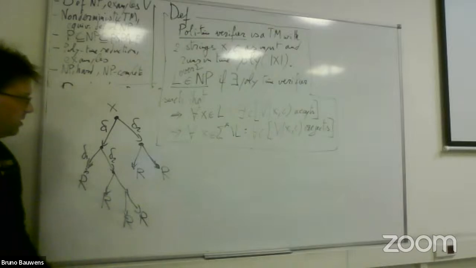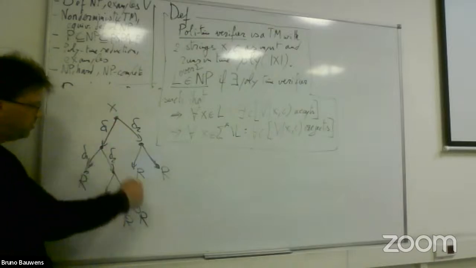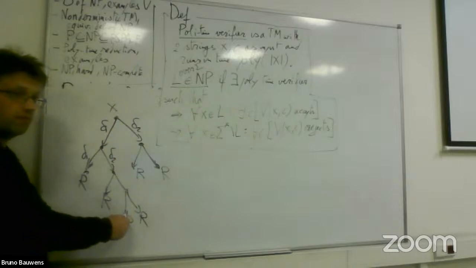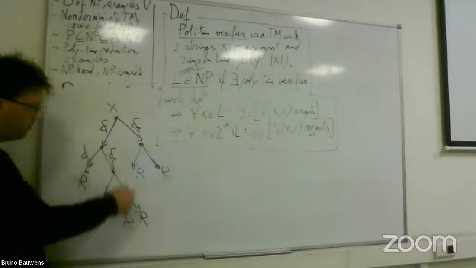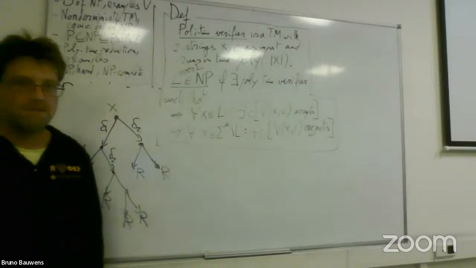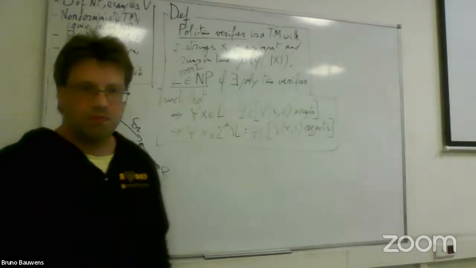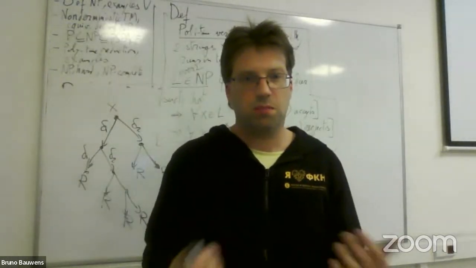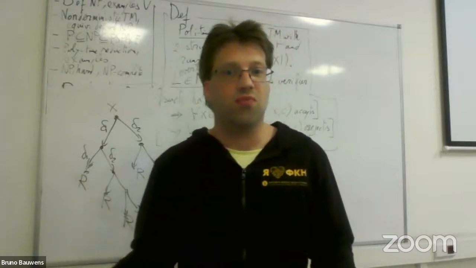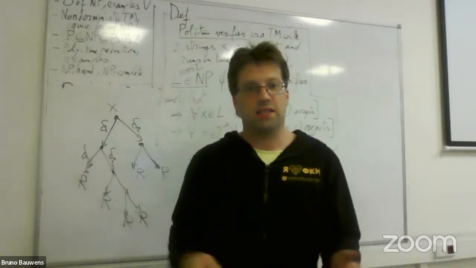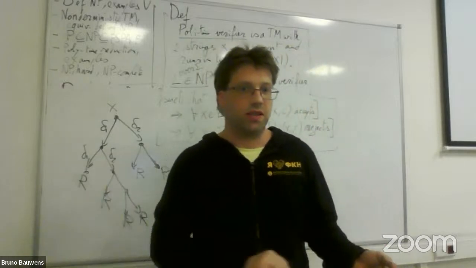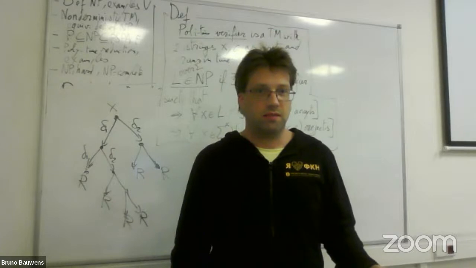The runtime of the machine is equal to the time of the longest computation path, in other words, the maximal depth of the tree, the maximal length between the root and a leaf. A machine decides a language if for every string in the language there exists an accepting path in the tree, and for every string outside the language, every path rejects.